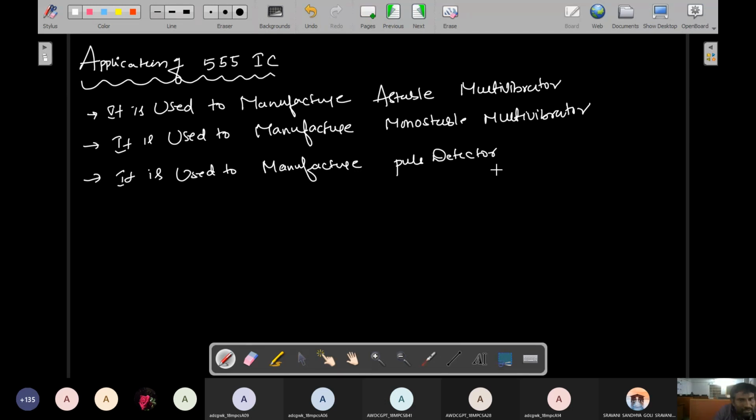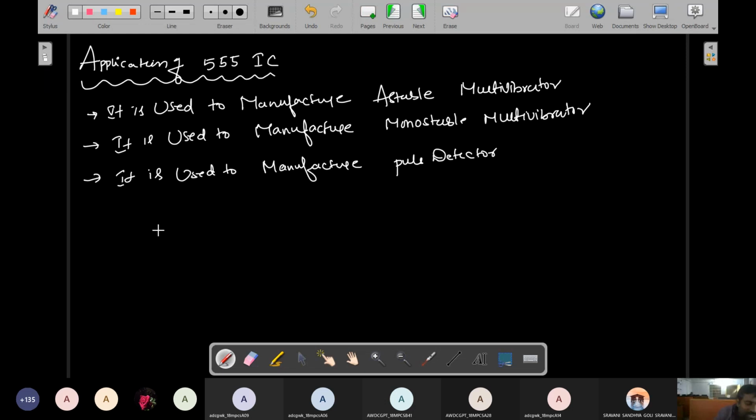Many COVID patients are buying pulse oximeters, and these pulse oximeters are also manufactured using 555 ICs. In hospitals there are large monitors, pulse detectors, which continuously observe the heartbeat pulse. These devices are also manufactured with 555 ICs only.